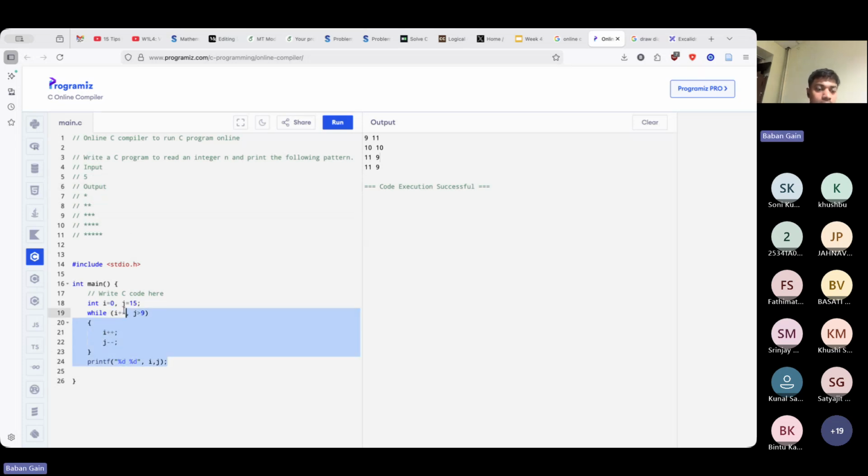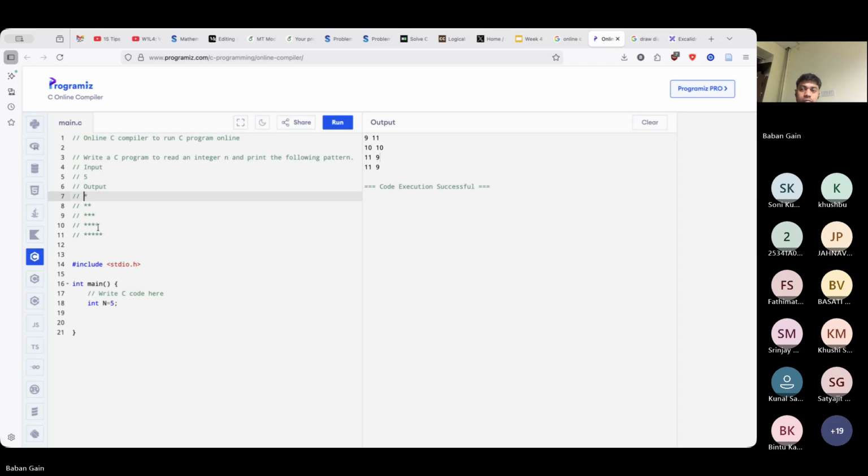Let's just define a value n equal to 5. Then how to print like this using a for loop: at first 1 star, then 2 stars, 3 stars, like that. Let me just write the for loops.